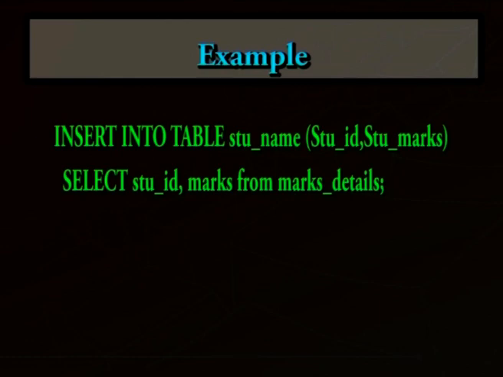Look at this SQL query: insert into table stu_name, stu_id, stu_marks, select stu_id, marks from marks_details. So, in this example, we are fetching the columns stu_id and marks column values from the table marks_details, and the fetched rows are further inserted into the corresponding columns stu_id, stu_marks of the stu_name table using the insert statement.